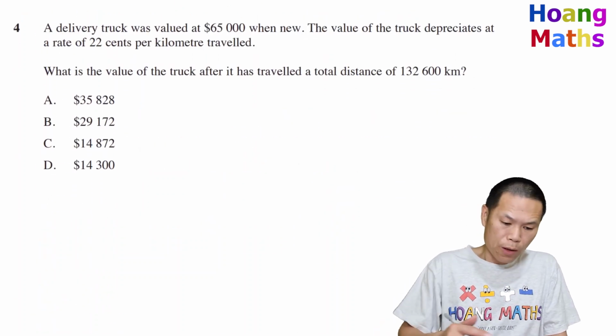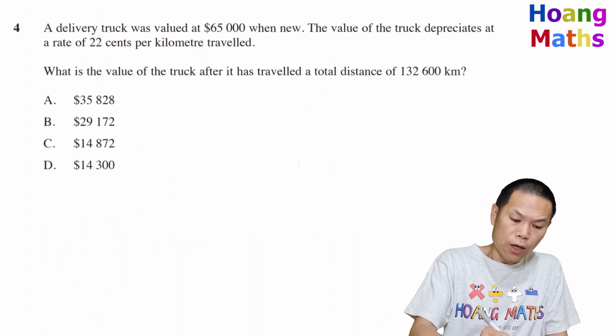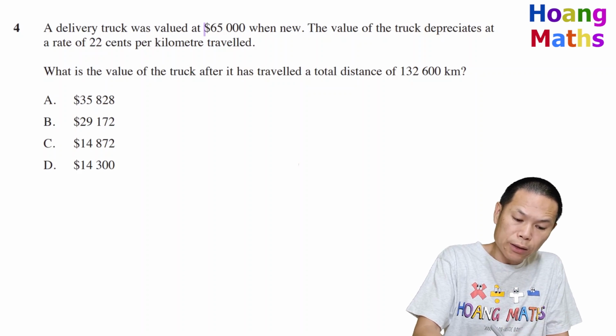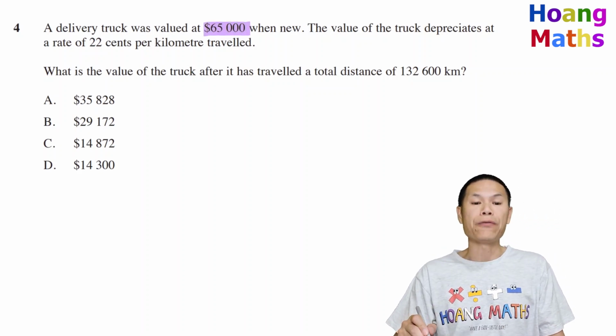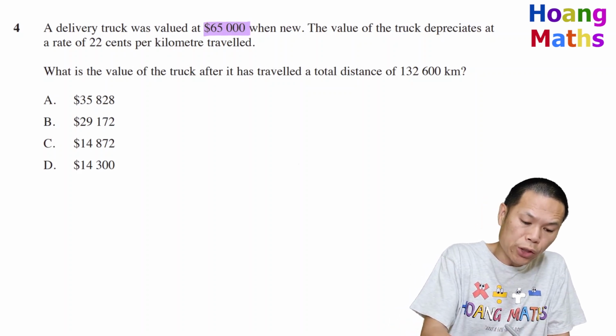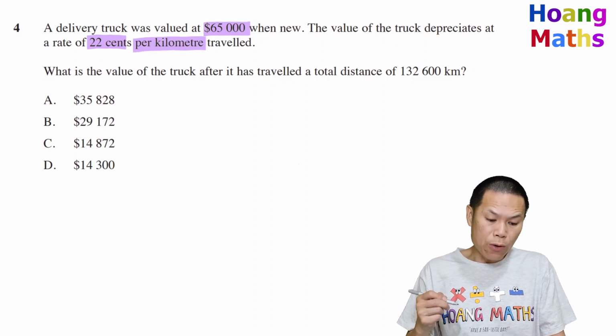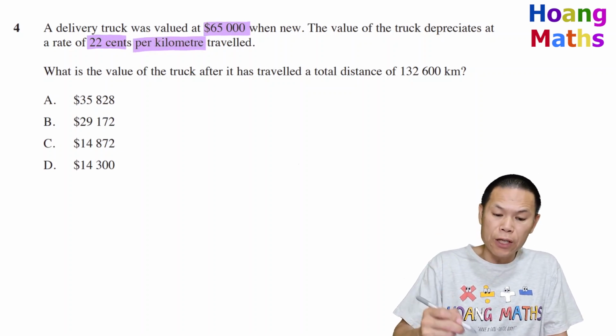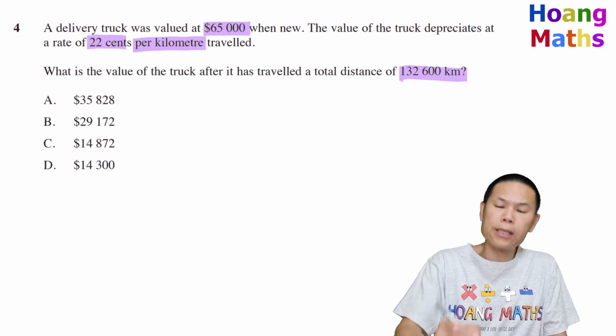Question number 4. So we know that the cost of the truck was $65,000. And we know that it depreciates 22 cents every kilometer. And we need to work out the value of the truck after this distance traveled.